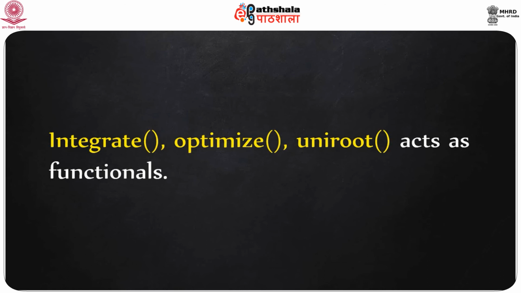The functions like optimize and uniroot also work in similar ways. For the first, we are required to give a function as an argument and try to find the point where the function reaches its maximum or minimum value. The second function, uniroot, works in such a way that we give a function and then uniroot tries to find the point where the output value of the function attains the value 0.